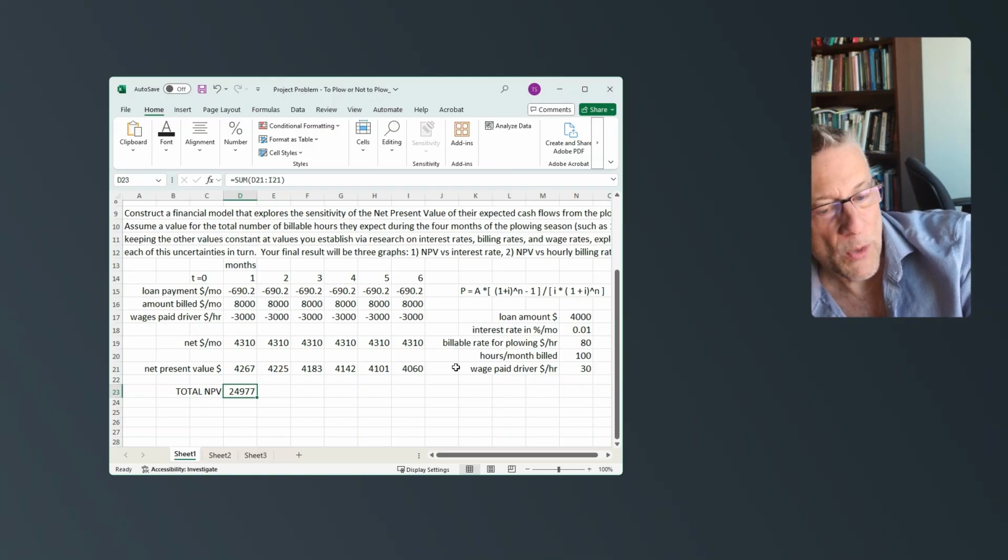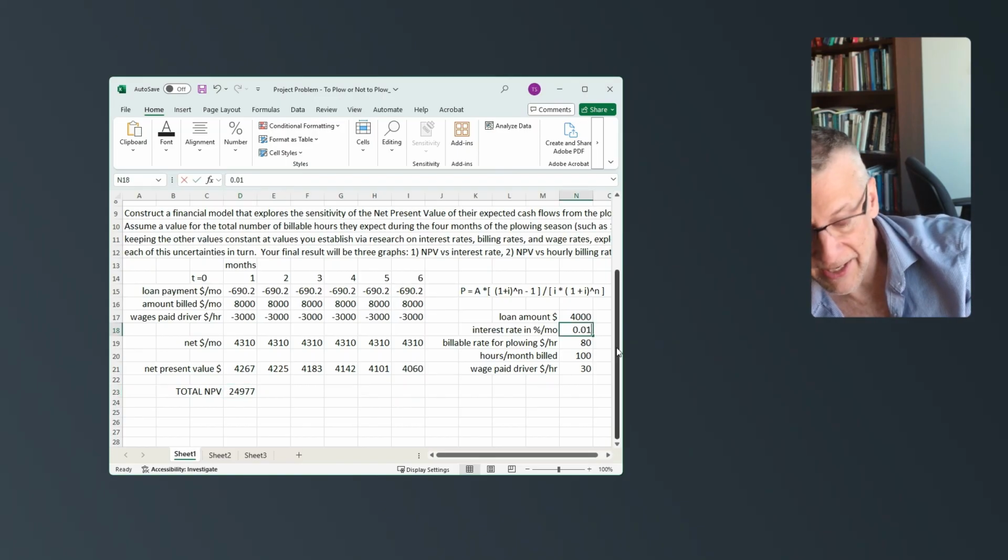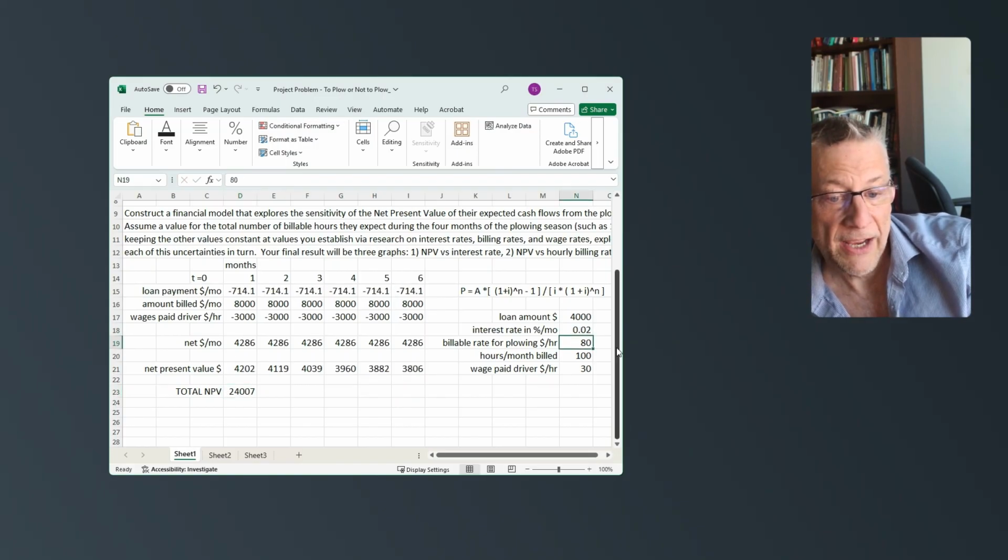But remember, we have yet to explore our model space. What we've done so far is built a model. What we haven't done is say, how sensitive is that model to different parameters? Here, I just increased the interest rate to 2% per month from 1% per month.